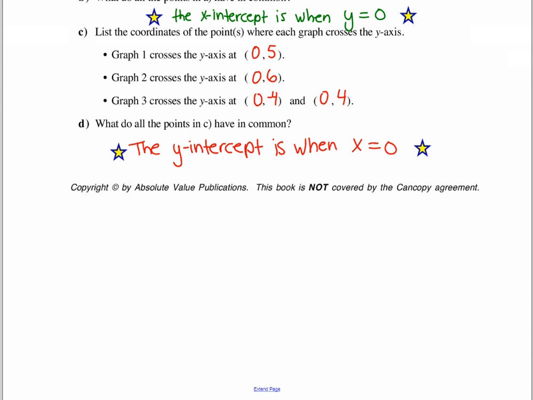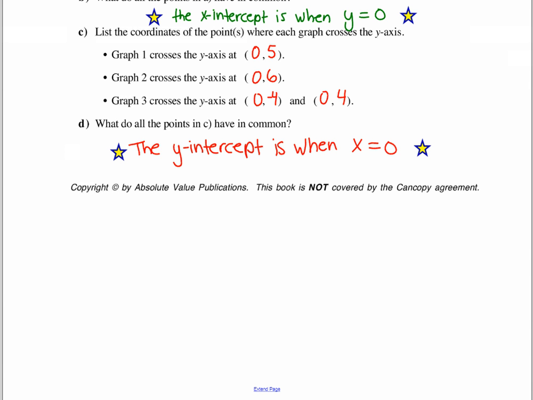Okay, so that's going to be our guiding principle. Algebraically, if we know that the y-intercept is when x is 0 and I have an equation, I can just set x to 0 and solve for y. If I know the equation y equals 2x plus 3 and I want to know where the y-intercept is, well, the y-intercept occurs when x is 0.